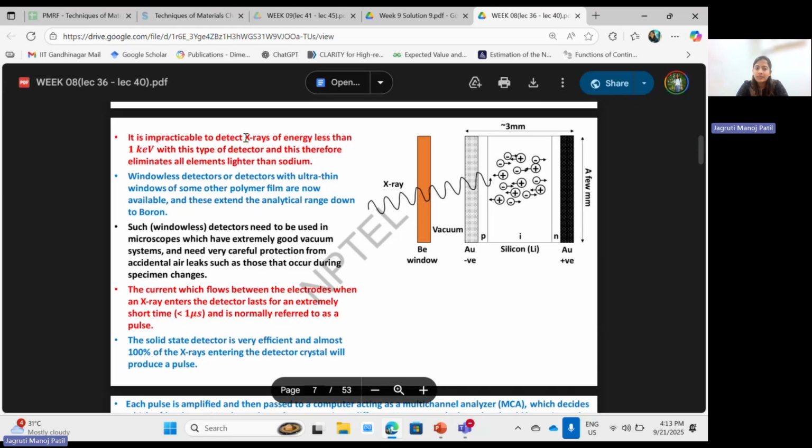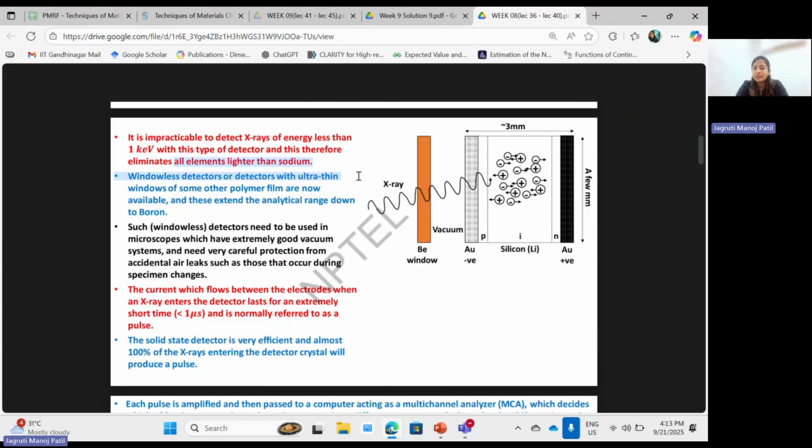It is impracticable to detect X-rays of lower energies with this type of detector, and this therefore eliminates the possibility of detecting all elements lighter than sodium. What's the atomic number of sodium here? I guess everyone should know that by now since we are doing a course like this.